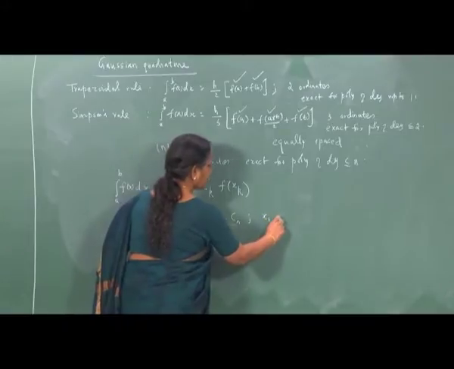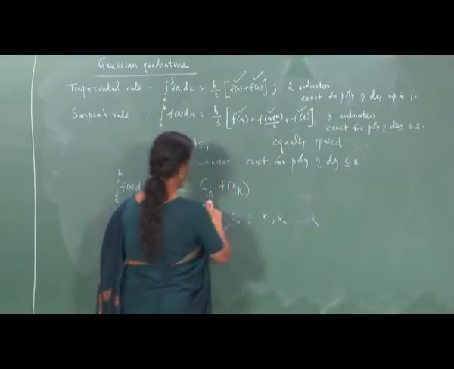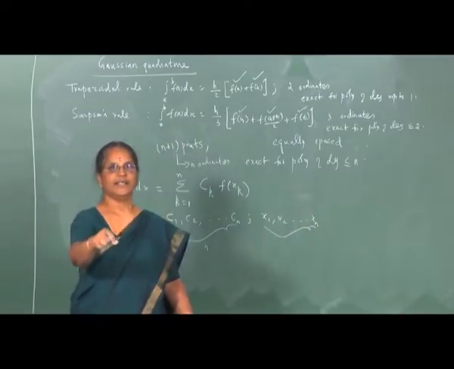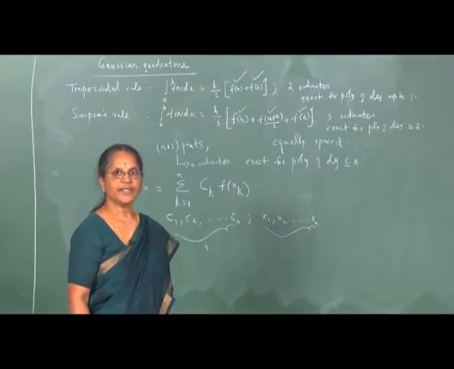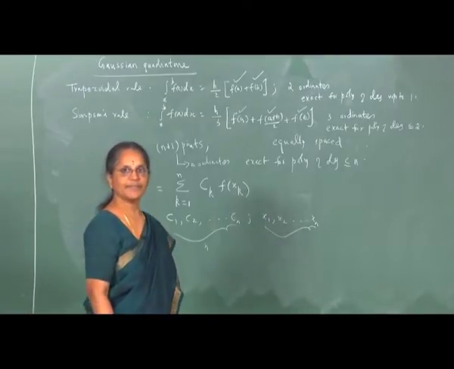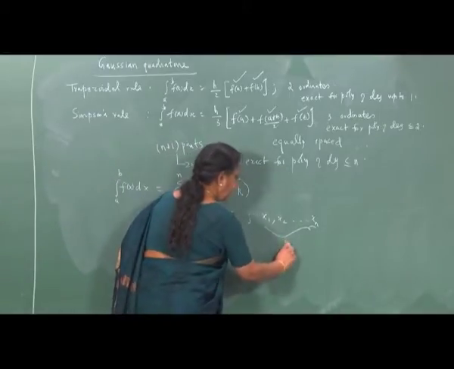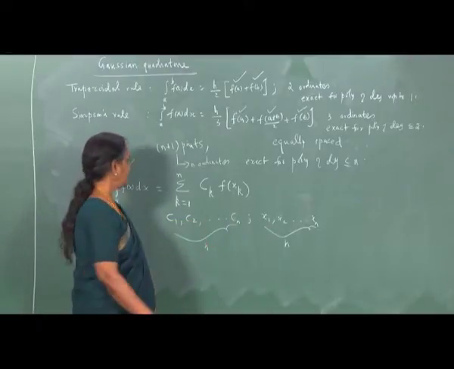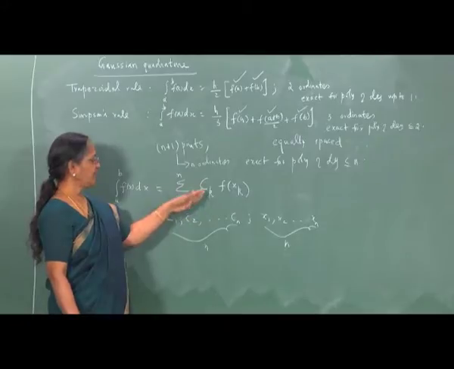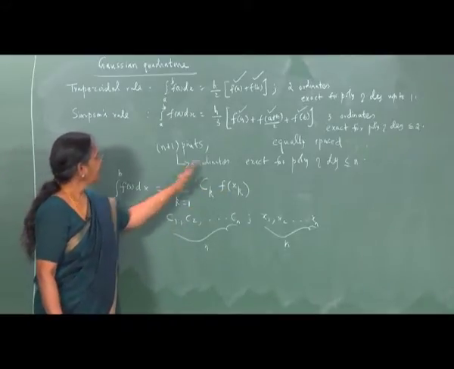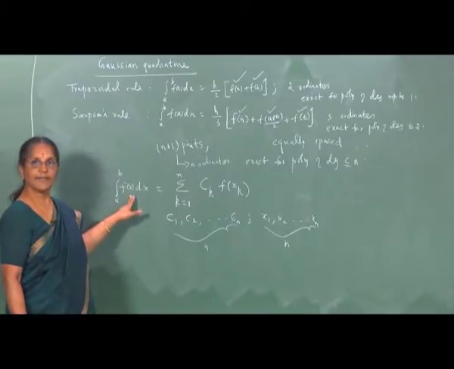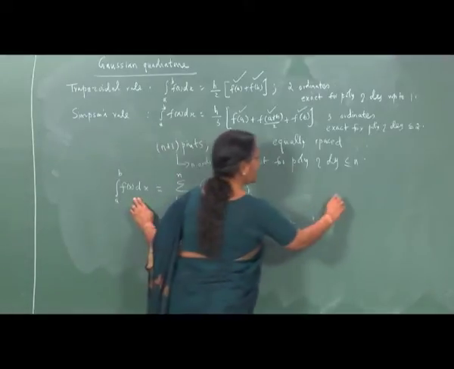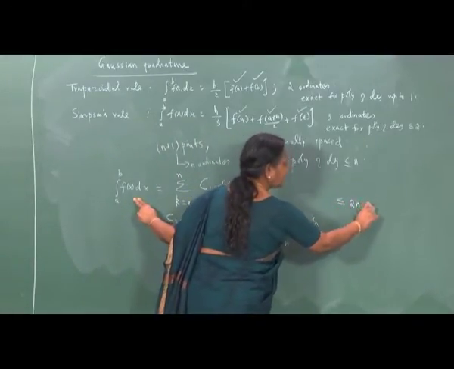These are the nodes that we have to select in that interval a to b, which need not be equally spaced. So, we have another n unknowns. Totally we have 2n unknowns to be determined such that sigma k equal to 1 to n c_k f of x_k will evaluate this integral, and the method will be exact for polynomials of degree less than or equal to 2n minus 1.